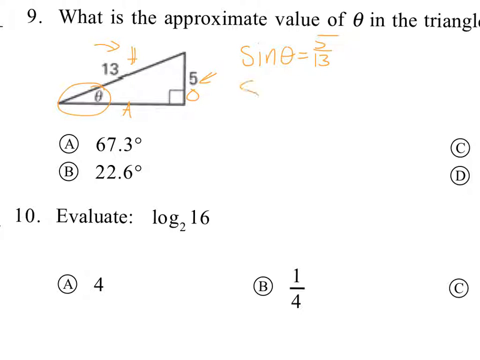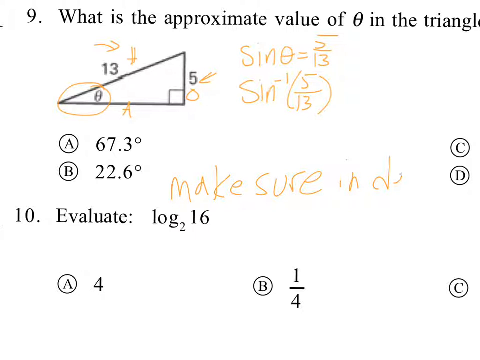To get that angle by itself, we're going to use that inverse button. So sine inverse of 5 over 13. I'm going to do a quick check to make sure we're in degrees. And when I do that, sine inverse of 5 over 13 is about 22.6, which happens to be B.